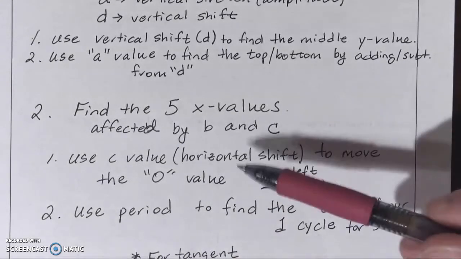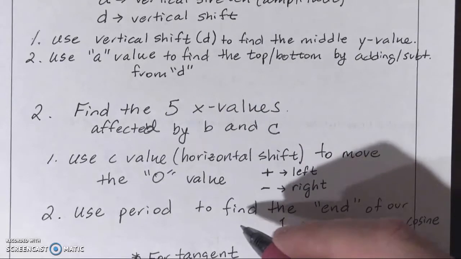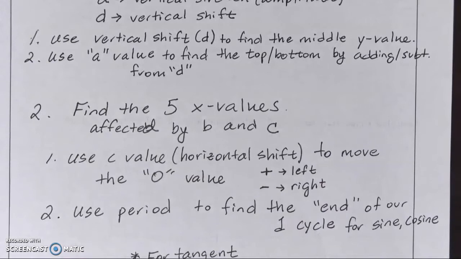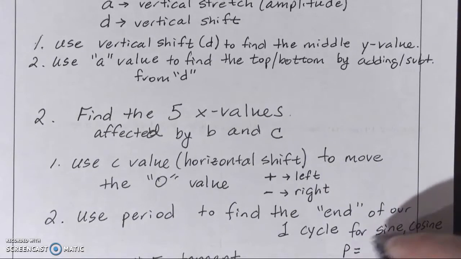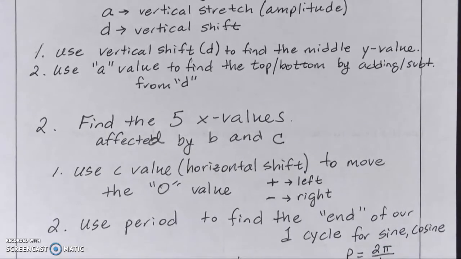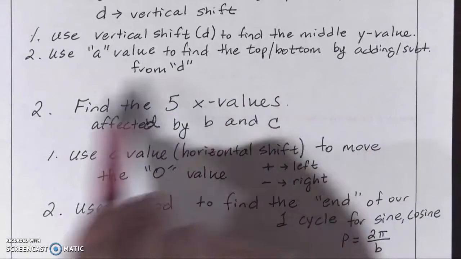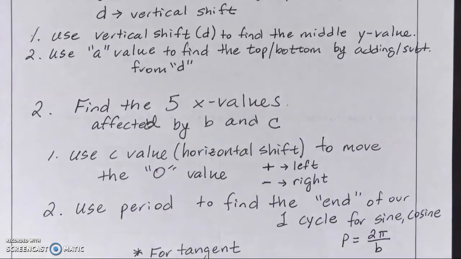All right. So let's use the c value, let's use our period. How do we find the period? Our parent function has a period of 2 pi. For sine and cosine, our period will equal 2 pi divided by the b value. That's why b and c affect the x values of our one cycle. Might be a little confusing here. Hopefully you will see that it's not so confusing when we do this example.